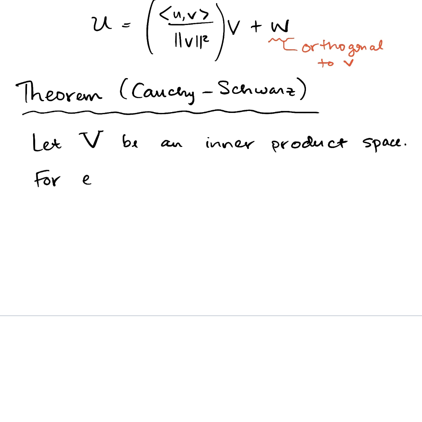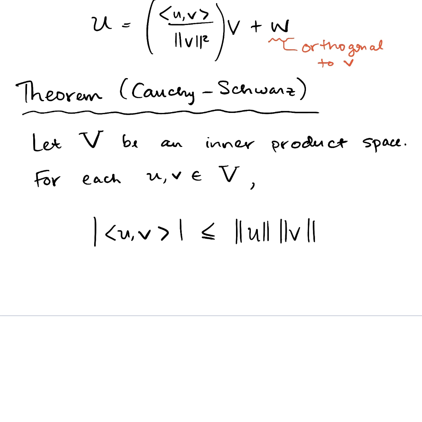For each u and v belonging to V, the size of the inner product, so that's regular old absolute value bars, remember, the inner product is a scalar, the absolute value of the inner product is no more than the product of the norms. And this is true in utter generality in any inner product space.